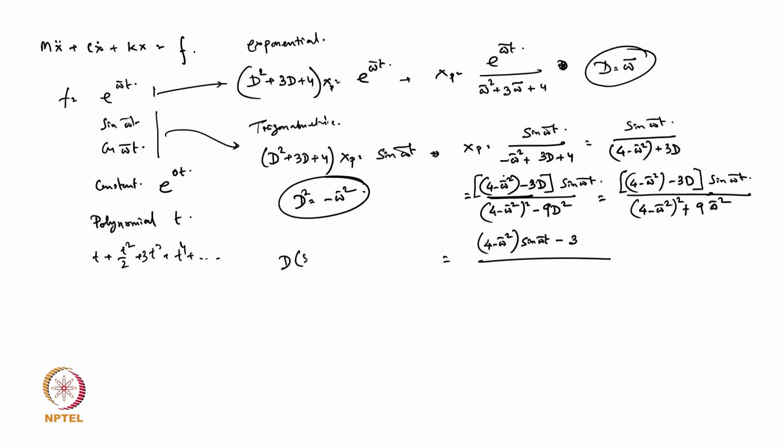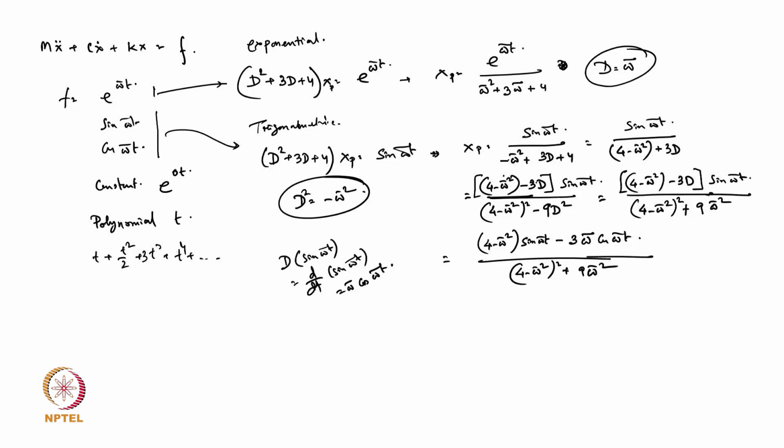So D of sine omega bar t, that means it is nothing but d/dt of sine omega bar t, which will be equal to omega bar into cos omega bar t. So that will be minus 3 omega bar into cos omega bar t divided by (4 minus omega bar square) whole square plus 9 omega bar square.